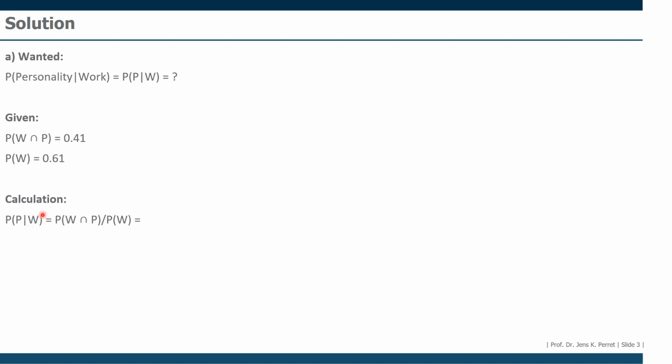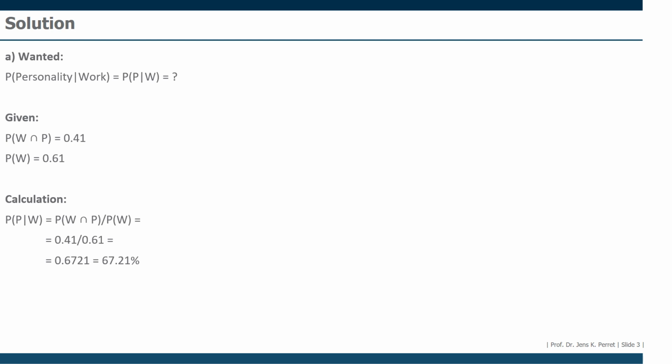So we divide by the probability of passing the work-related test. If we insert our values, we get as a result 67.421%. So the probability for someone to pass the personality test, if he already passed the work-related test, is roughly 2/3, or slightly more than 67%. Well, that was already part 1.